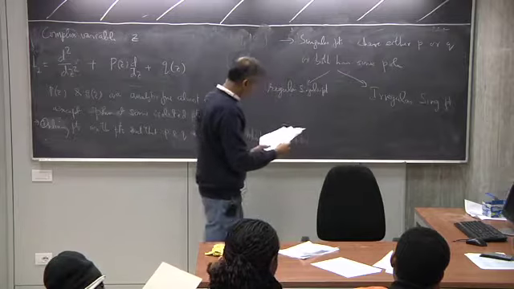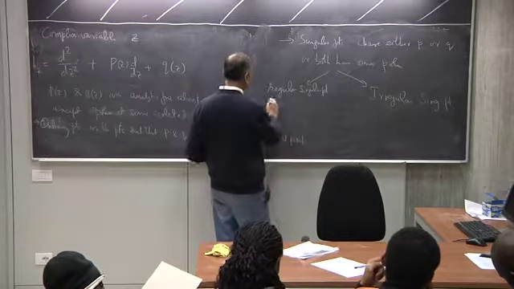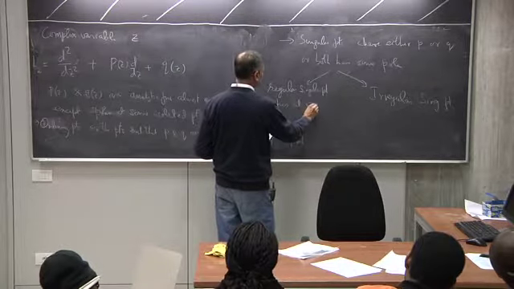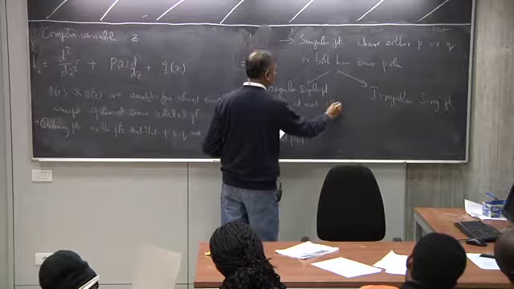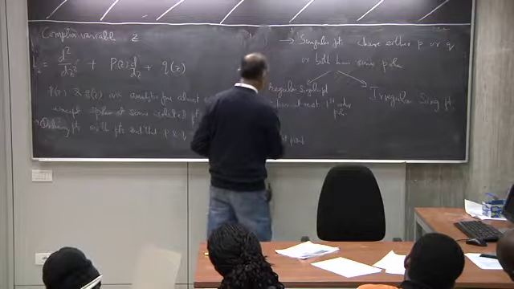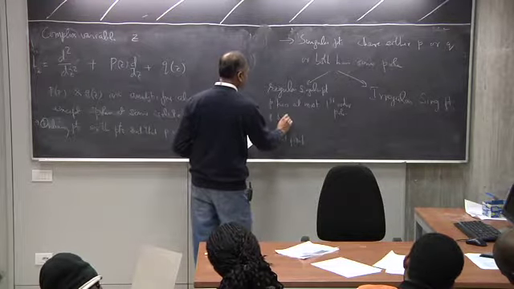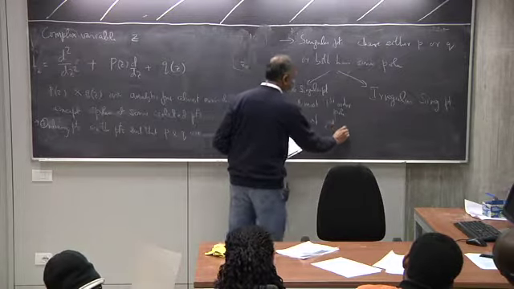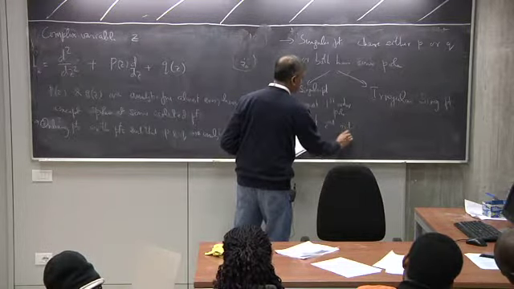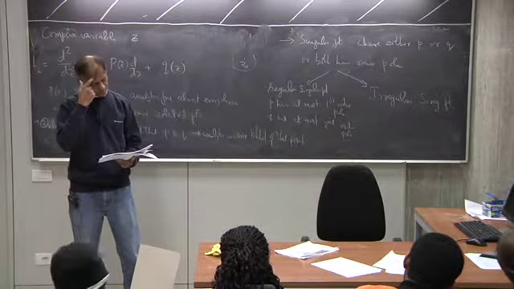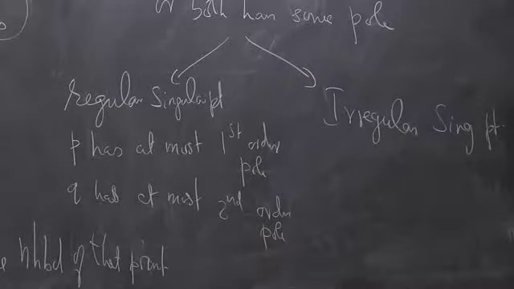A regular singular point is one where P has at most a first order pole, and Q has at most a second order pole.